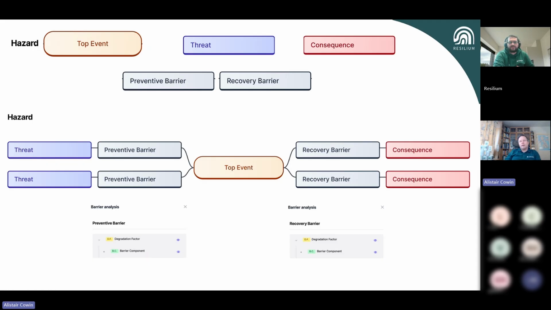Now, in other modeling tools, you will see little things hanging off the diagrams. With our risk runner, we've gone a slightly different direction, because we're also seeing that barriers are often complex systems, and it helps you to better understand how that system works and how that system can fail.